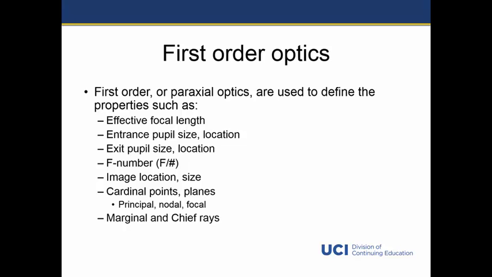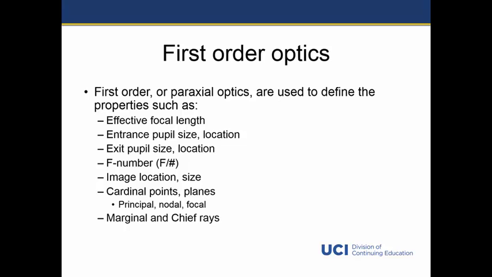So in this ideal region where we don't really worry about aberrations is how we define things like the effective focal length, the entrance pupil size and the location of the entrance pupil, the exit pupil size and its location, the F number, often abbreviated with the F slash and then the hashtag here.